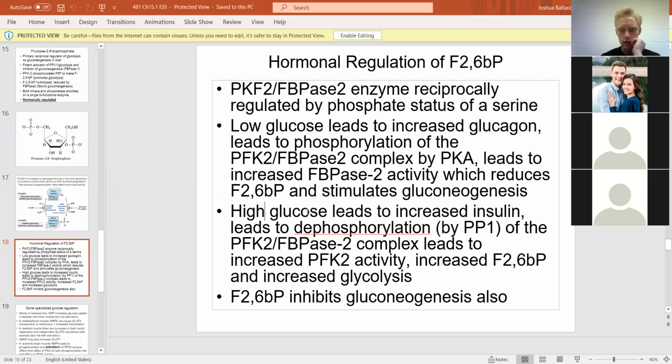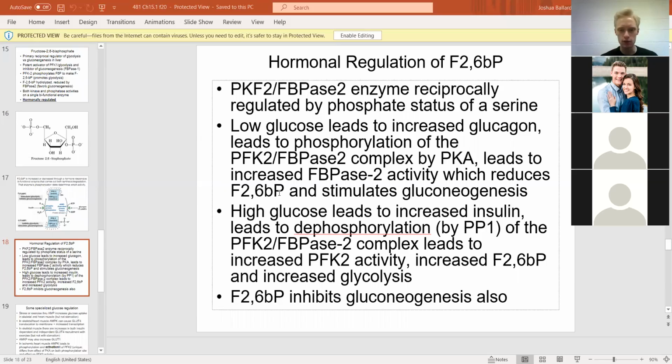Under high glucose, there is increased insulin, and this leads to the dephosphorylation of that complex, which leads to increased phosphofructokinase 2 activity, which then increases fructose 2,6-bisphosphate, which increases glycolysis. And as a part of activating glycolysis, it inhibits gluconeogenesis.